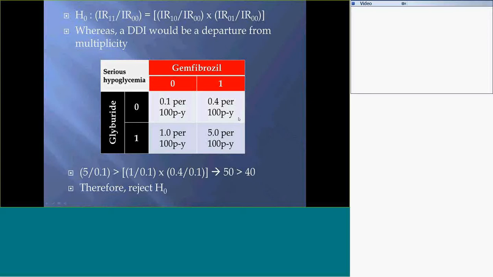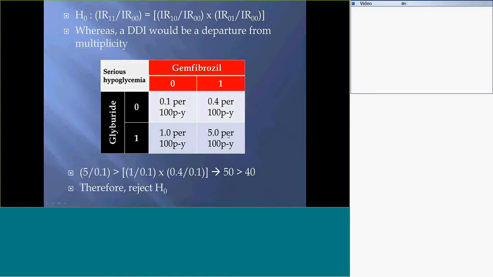So if you look in this 2x2 table here, and these are purely hypothetical numbers that I made up, you can see that I set the baseline incidence rate in users of neither of the drugs to be, say, 0.1 hypoglycemic events per 100 person years, whereas in users of gemfibrozil alone, say 0.4 per 100, and in users of glyburide alone, because it's a sulfonylurea drug, higher at 1 per 100 person years.